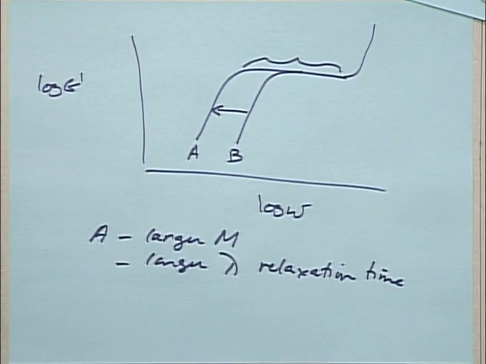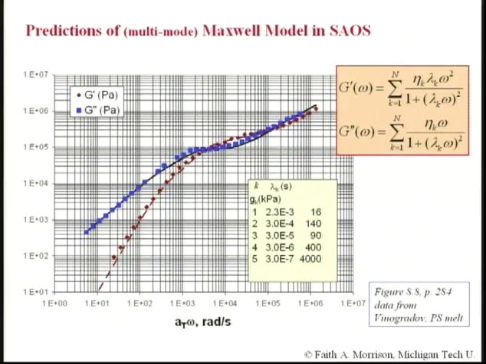Now, if your data don't look exactly like this, you can use the generalized Maxwell model to fit it. Here's an example where I have fit some data that do show a terminal zone, but they don't show much of a plateau modulus, and then they also show some more stuff going on at higher frequency.